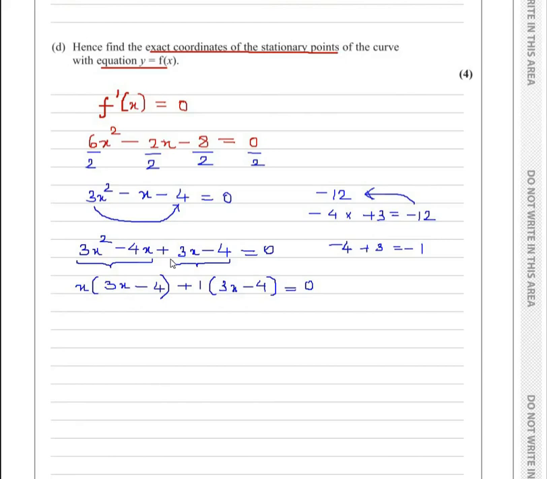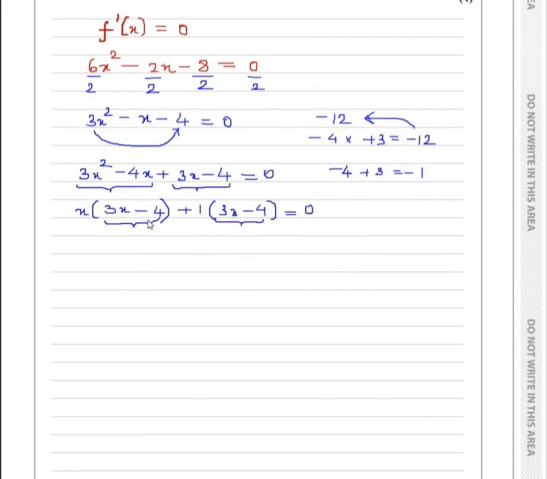So we get two factors, x plus 1 and 3x minus 4. So x plus 1 equal to 0, and 3x minus 4 equal to 0.